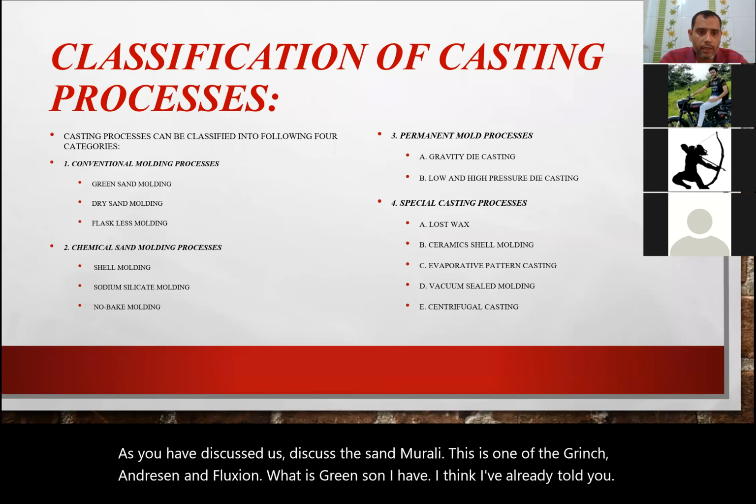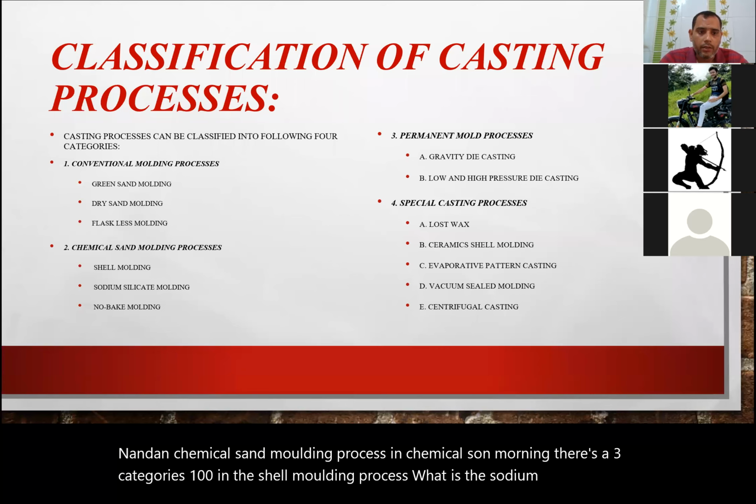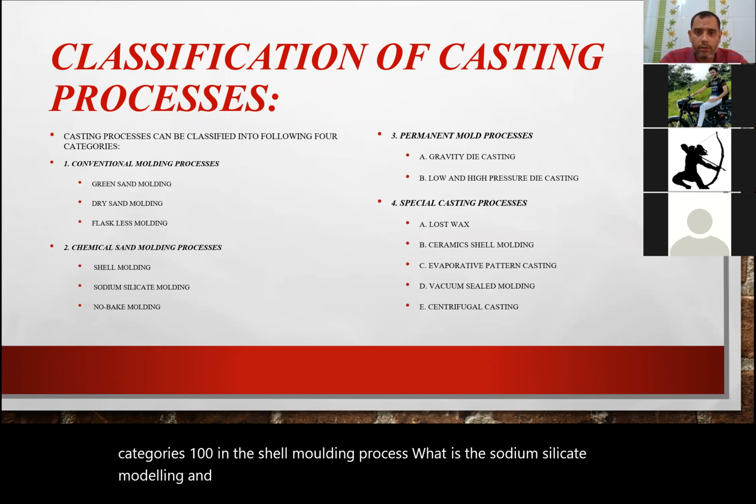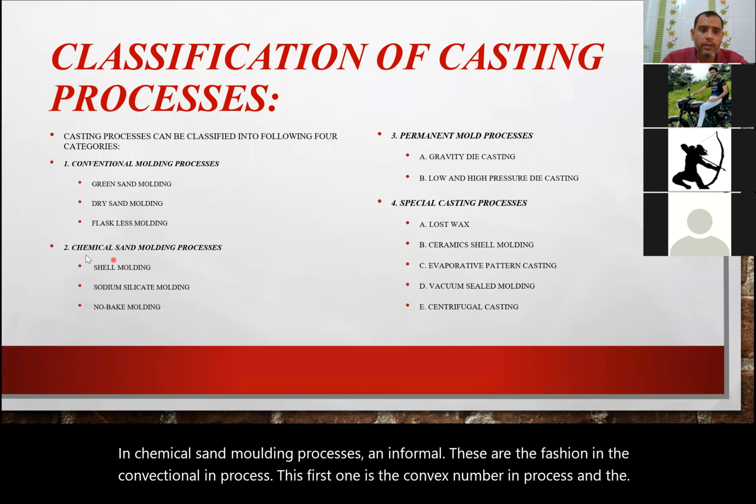And then the chemical sand molding process. In chemical sand molding, there are three categories: one is the shell molding process, another is the sodium silicate molding, and the third is no-bake molding. The first one is the conventional molding process, and the second one is the chemical sand molding process.